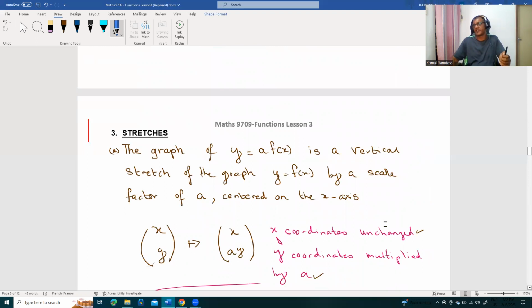Bon, à ce là, nous avons stretches. Stretches, nous avons décalé stretch. Et stretch along the x-axis, and stretch along the y-axis, ou bien parallel to the y-axis and parallel to the x-axis.